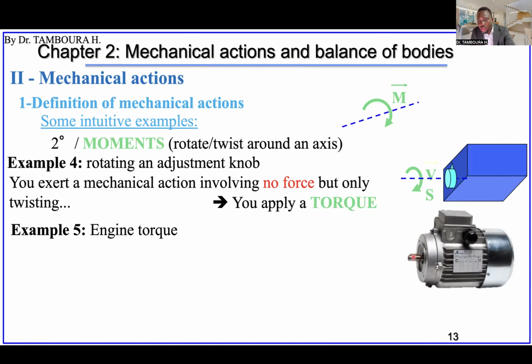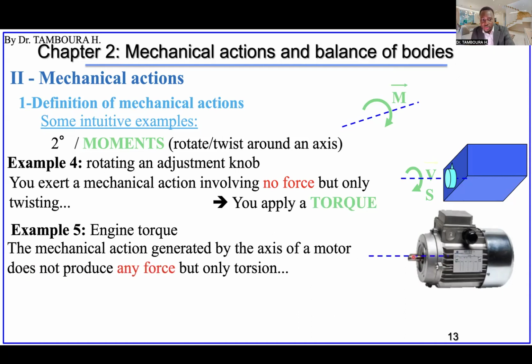So this engine torque, the mechanical action generated by this axis of a motor, does not produce any force, but only torsion. So in this case also, we will have a torque. The example number 6 is the same as this one, okay?